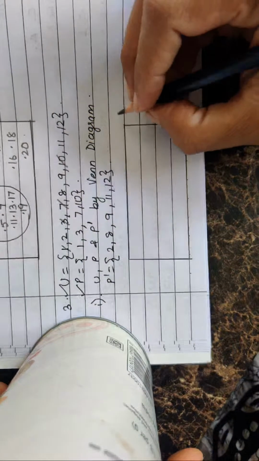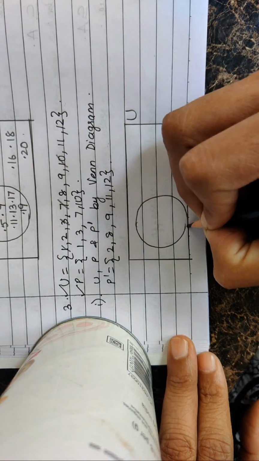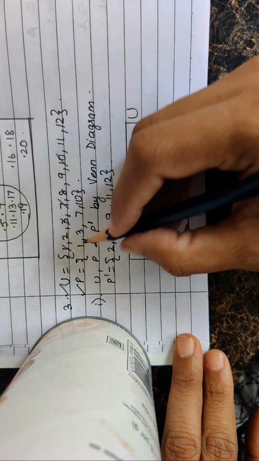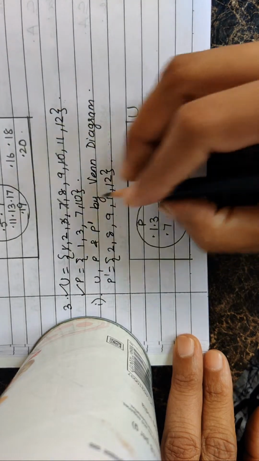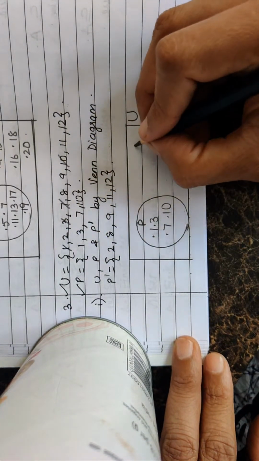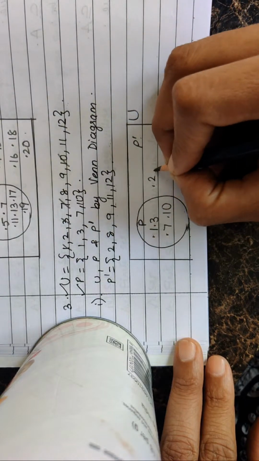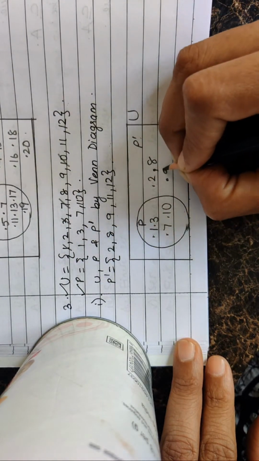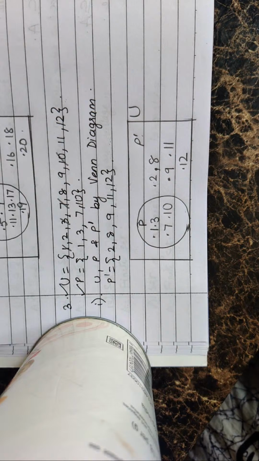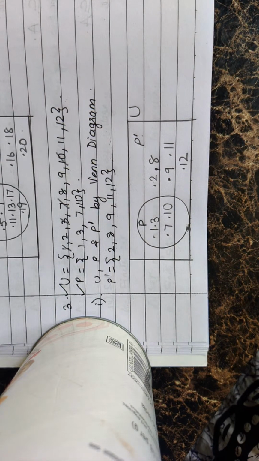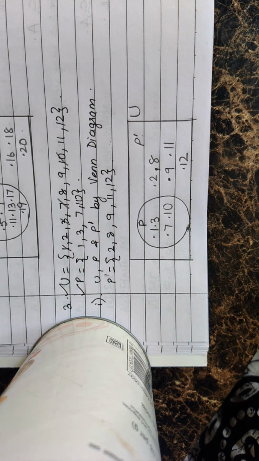And outside the rectangle we are going to write a capital U and make a circle which is going to represent my P set. What is in the P set? 1, 3, 7 and 10, right. So I wrote this in P, and in P dash I have the remaining, so I am writing P dash outside. And what is in it? 2, 8, 9, 11, 12. So this completes my Venn diagram for the first question. I hope you are finding it easy till here. If you have any questions, you can put them on the chat.